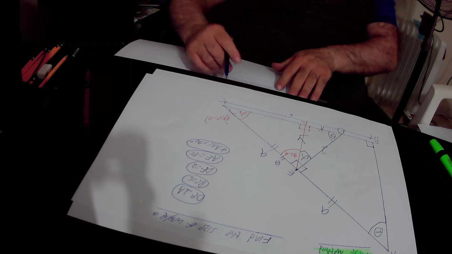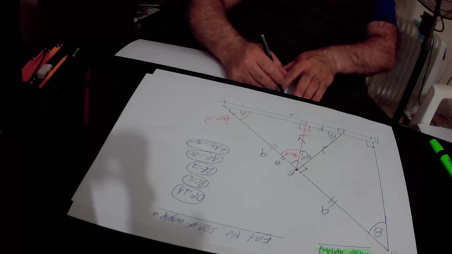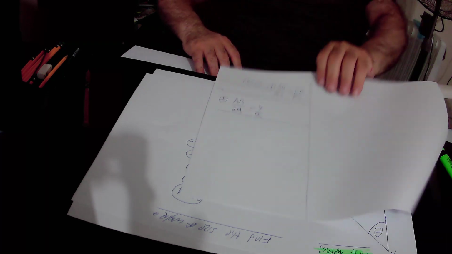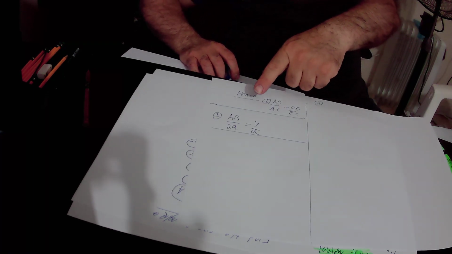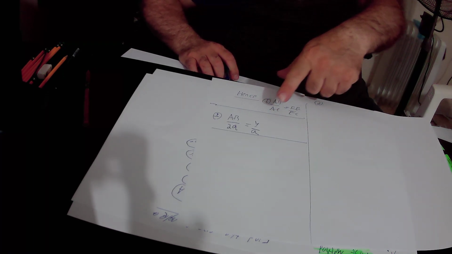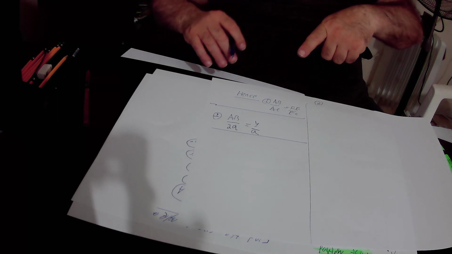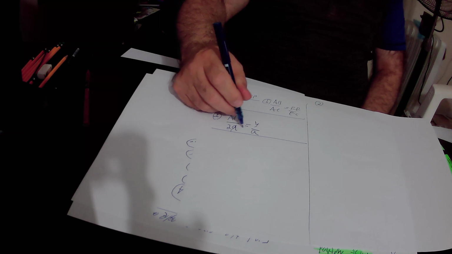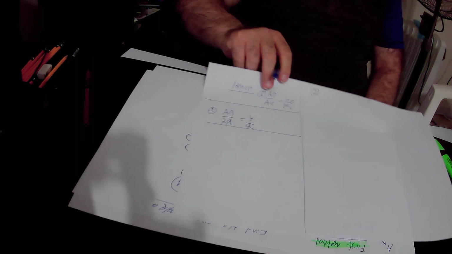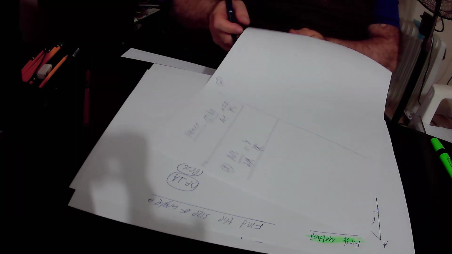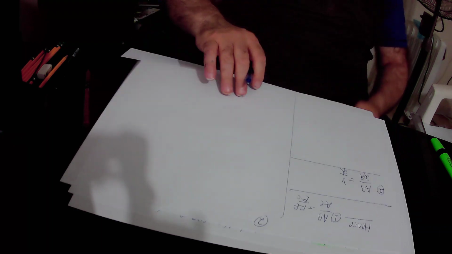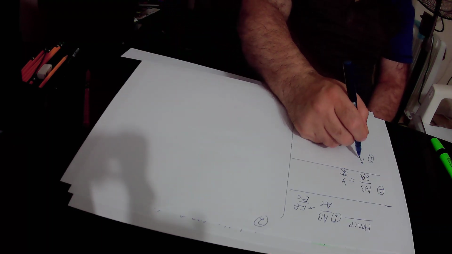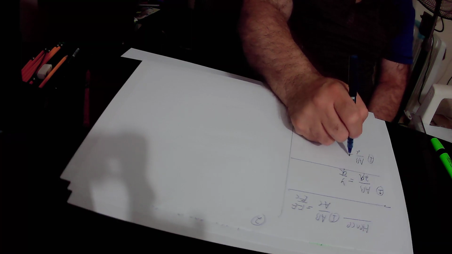So in conclusion, we found out that according to equation number 1, AB over 2A equals Y over A. Here we have A on both sides of the equation, so A will get cancelled. And we are left only with AB over 2 equals Y.